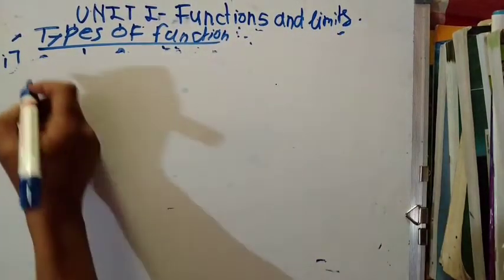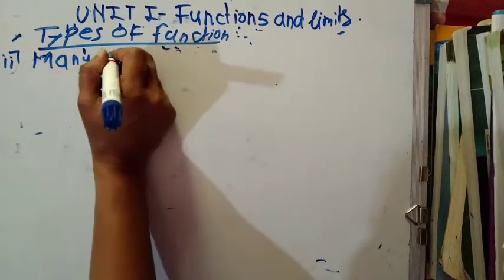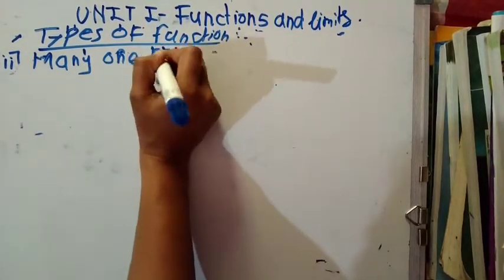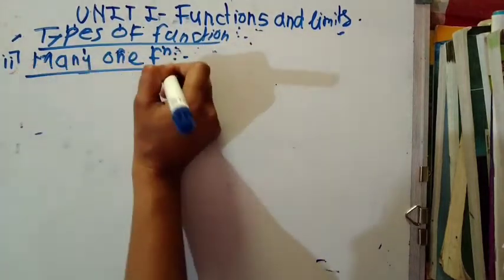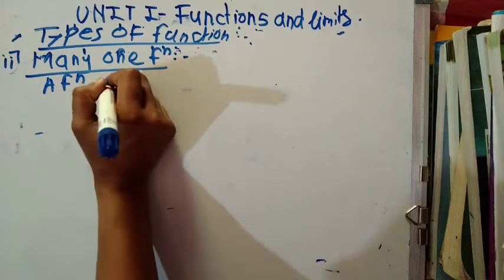Then the second type is many-one function. What is meant by many-one function?